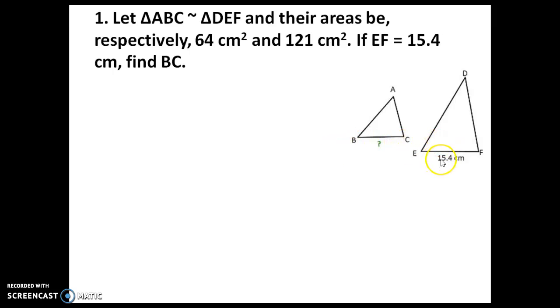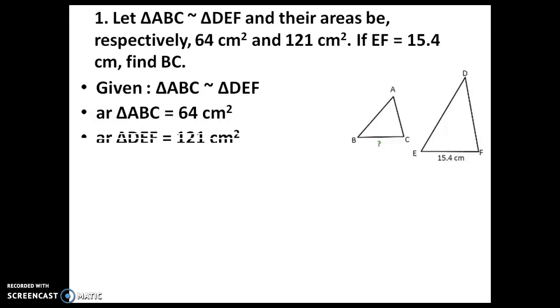In this one, only one side is given, 15.4 cm, but in the other triangle BC is unknown, which we should find out with the help of the theorem which we learnt in the last video. Given two similar triangles, their areas, and EF as 15.4 cm, find BC.